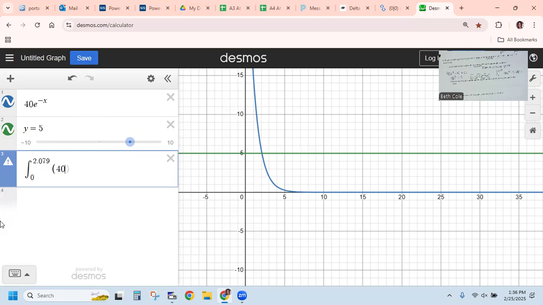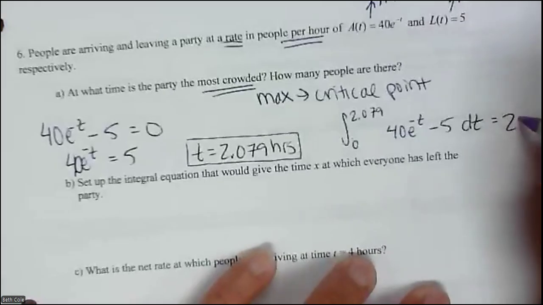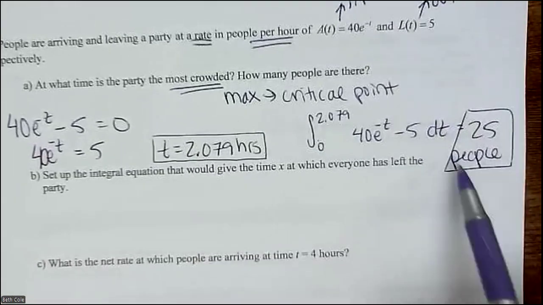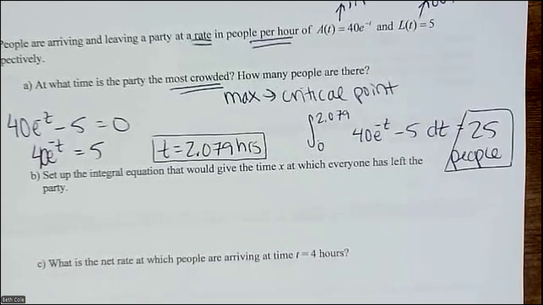All right, rate in minus rate out dt. We're not going to decimal point a person, so let's go ahead and say 25 people. So at about 2 hours is when you have the most people there, and it's 25 people. Cool?